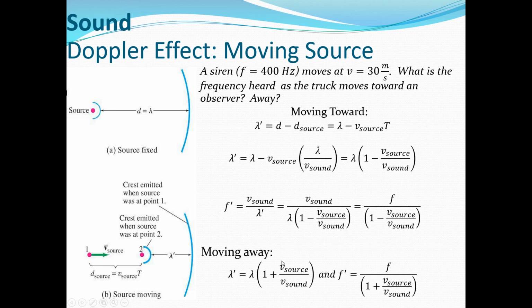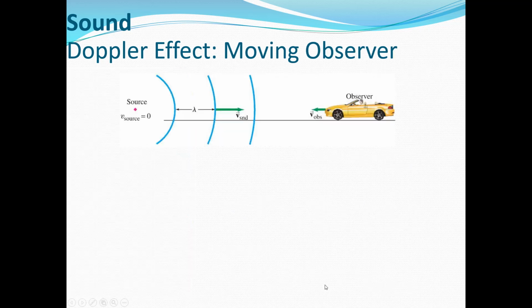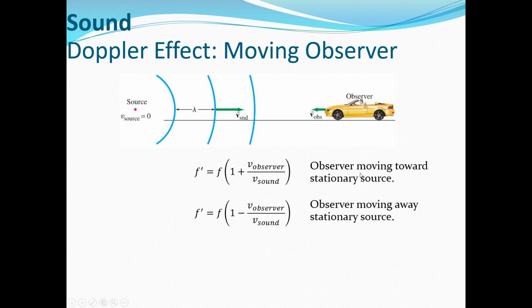If the source is moving away, the only difference is that we switch the signs to plus. If the observer is moving, it changes slightly, where it comes up to the numerator.